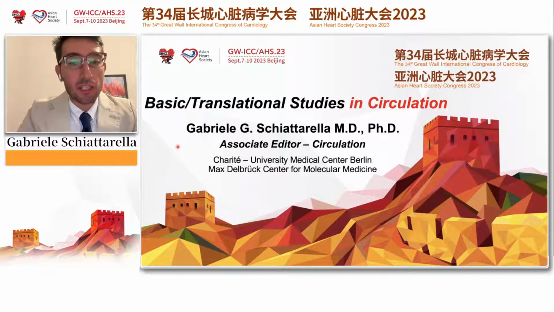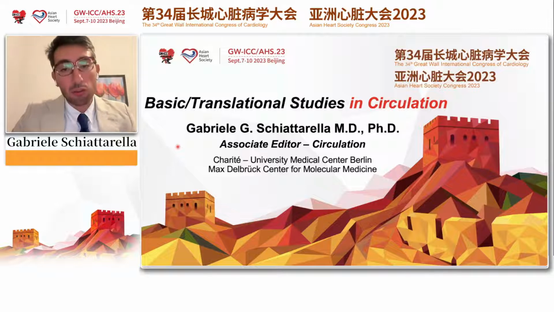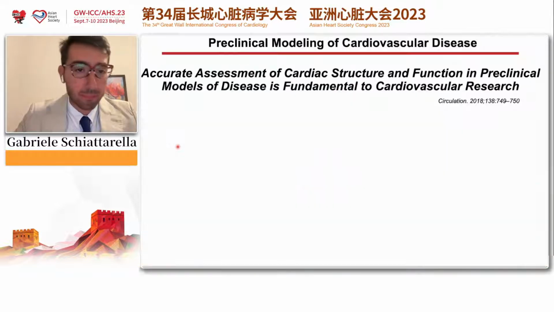Also for the basic translational study, we strive to apply the same level of rigor, impact, and validity across the whole spectrum of the paper. And like I said, today I will provide a few examples of this kind of paper.